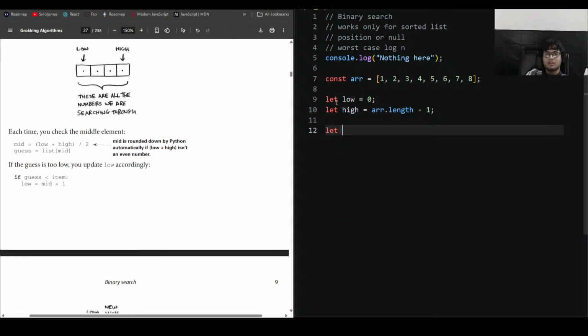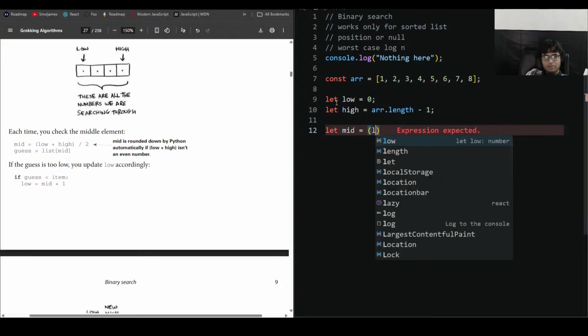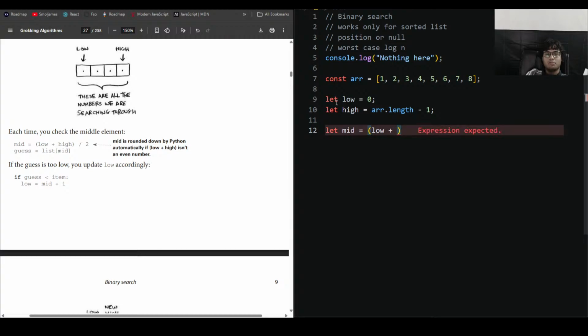Now we'll have a mid too, so mid is going to be low plus high divided by 2.